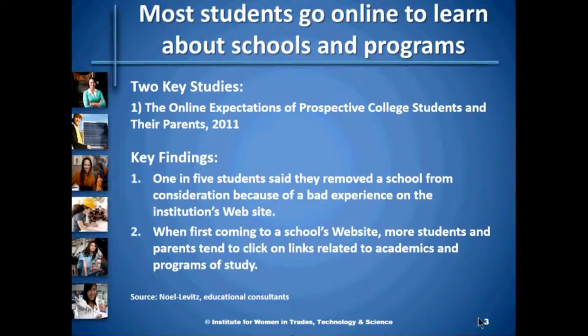And the first place that students and their parents went when they went to the website was, guess where? The program page. Now, what is usually the most neglected area of the school's website? The program page, right? But that's the first place that students and their parents would go.